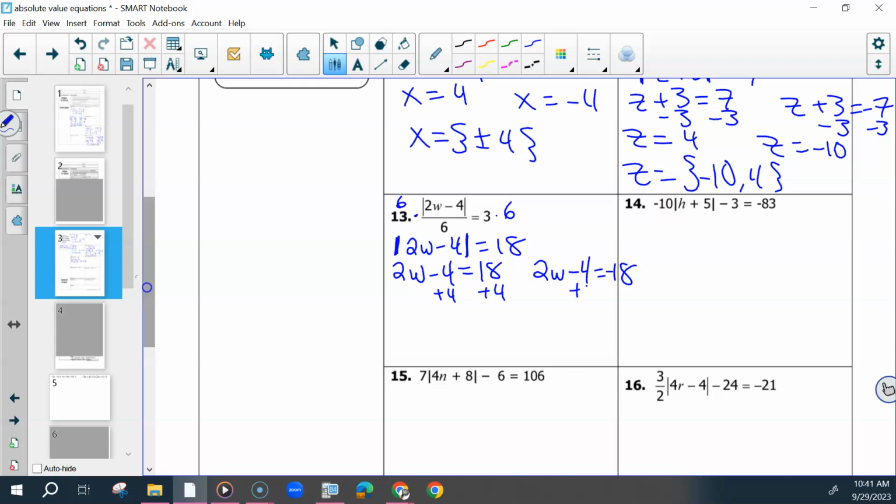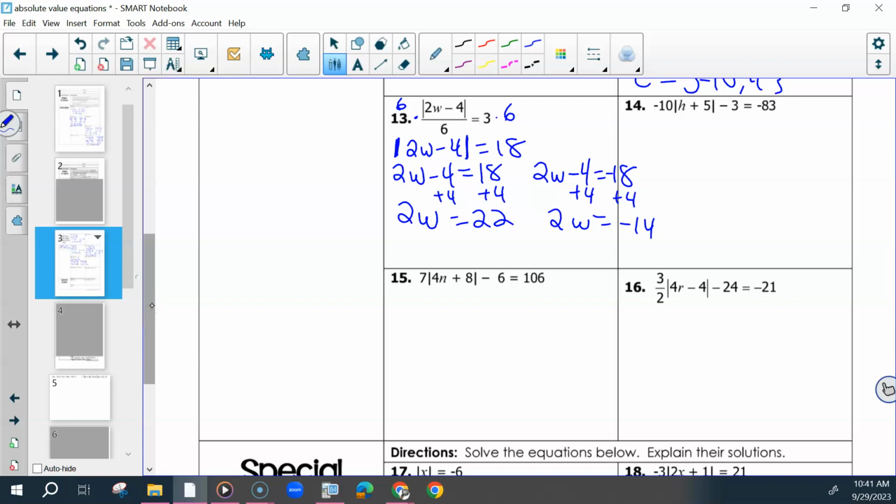And we can add 4 to everything. So 2w equals 22 and negative 14, and divide everything by 2. So that w equals what? Seven and 11. Right.